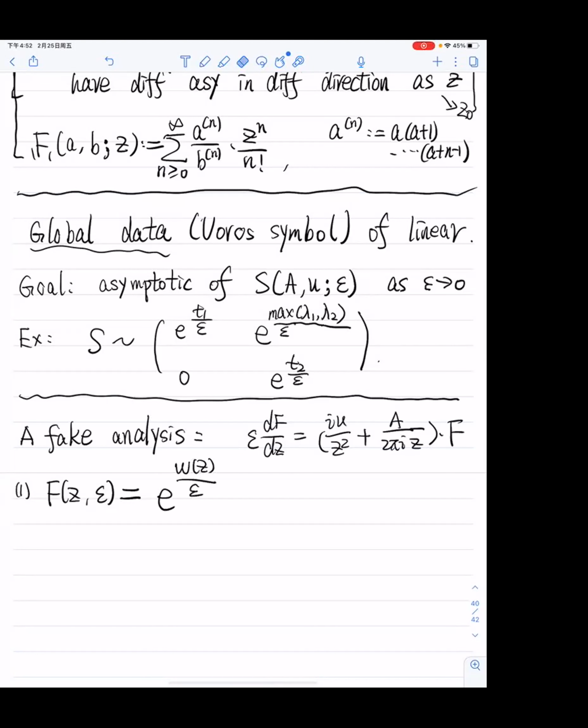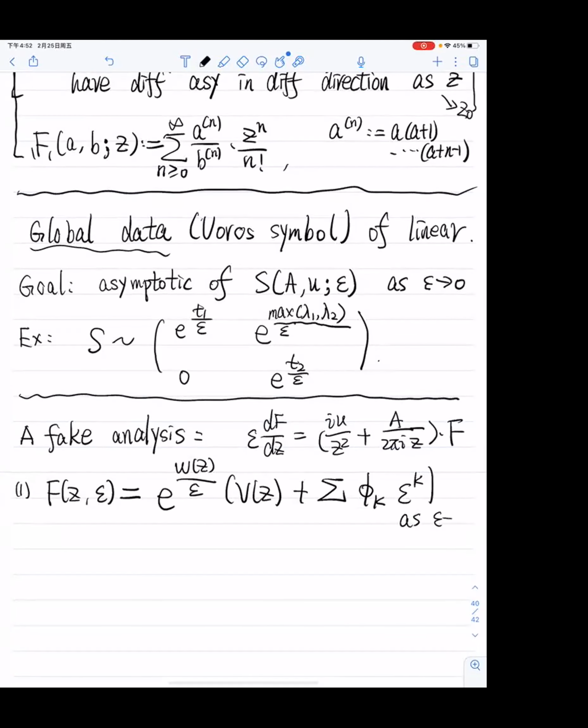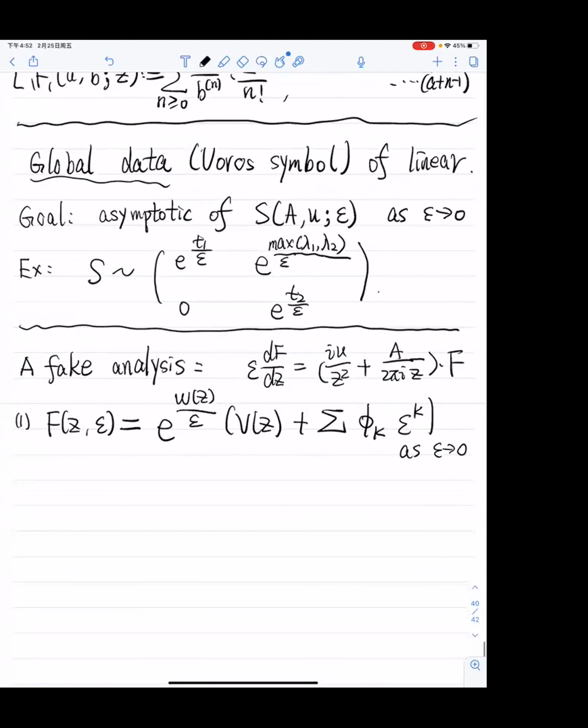And we can assume the solution somehow takes the following form, plus some higher order terms of epsilon^k, as epsilon goes to 0. So this is a formal power series. And of course, we are talking about the fundamental solution.